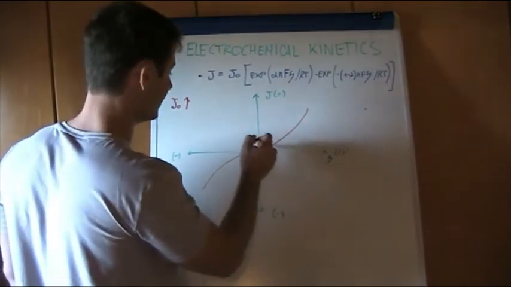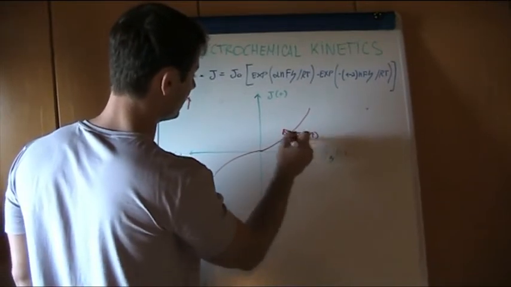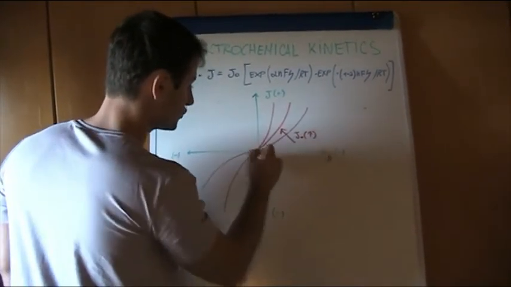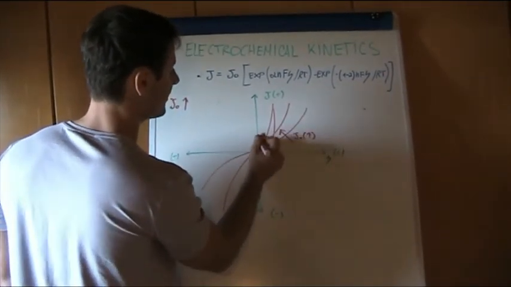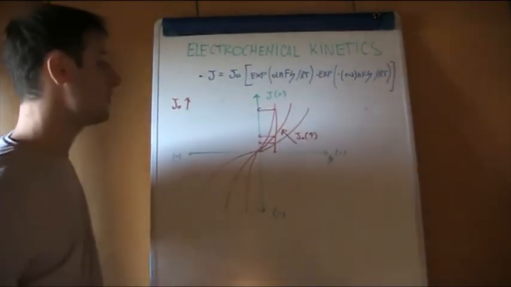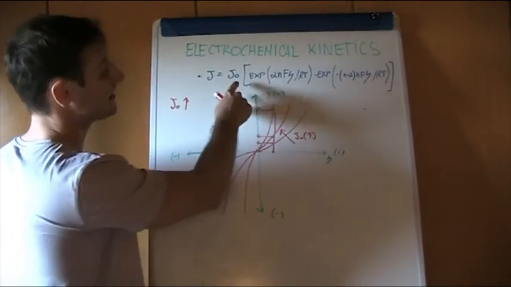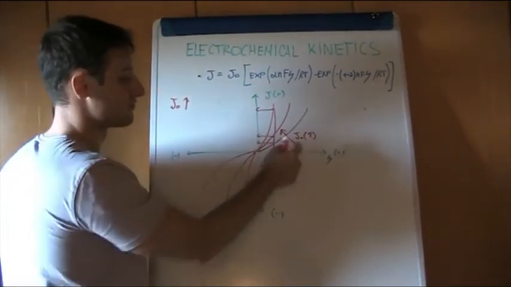And in fact, if the exchange current increases, we are obtaining something like this. So we are moving in this direction. So at the same potential, we can appreciate how the current increases as we move away from the equilibrium. So at the equilibrium, the situation is always the same, regardless of the nature of the chemicals involved, since the current is zero, because the overpotential is zero.